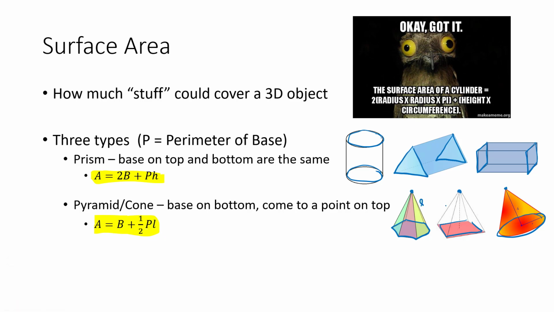L is the slant height. That's the distance diagonally up the shape. And sometimes we'll have to use the Pythagorean theorem in order to find that slant height.